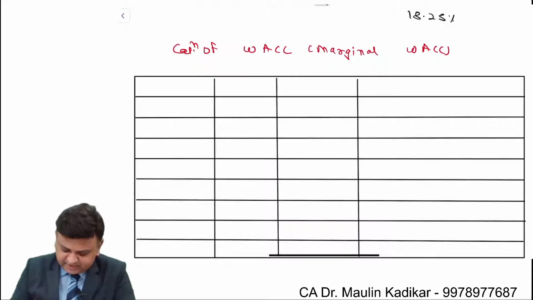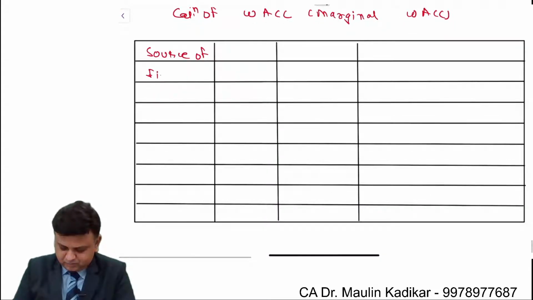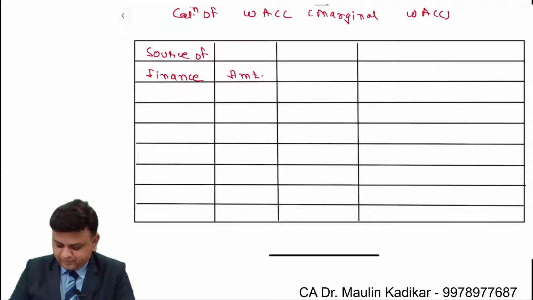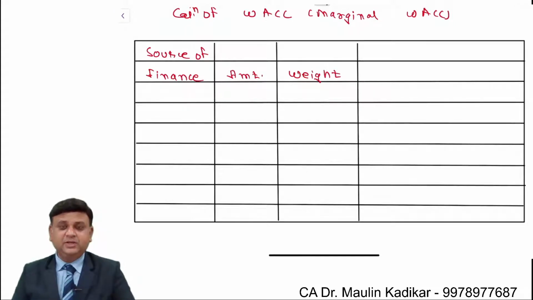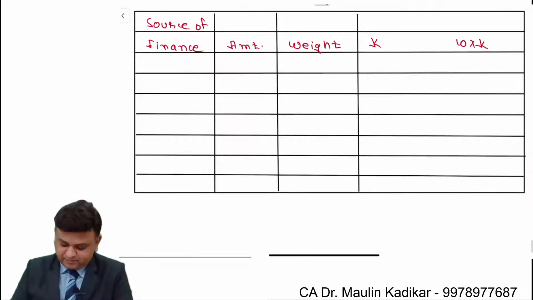Column number 1 will be again the source of finance. Column number 2 will be amount. Column number 3 will be weight. Next is cost, weight into cost.